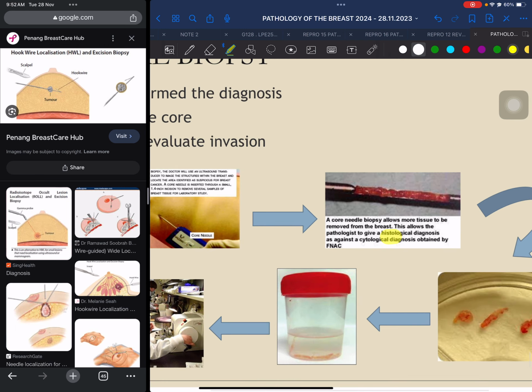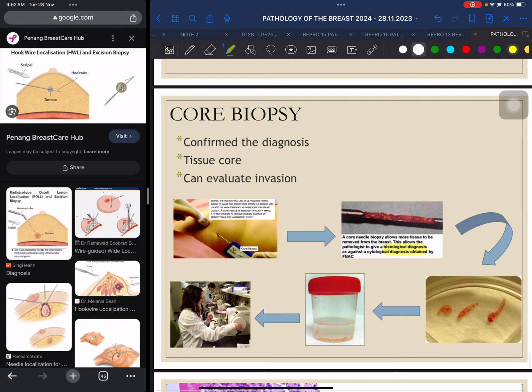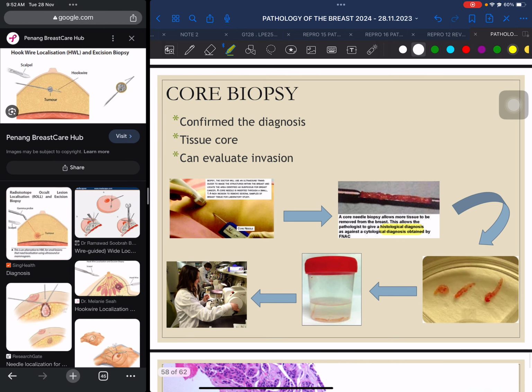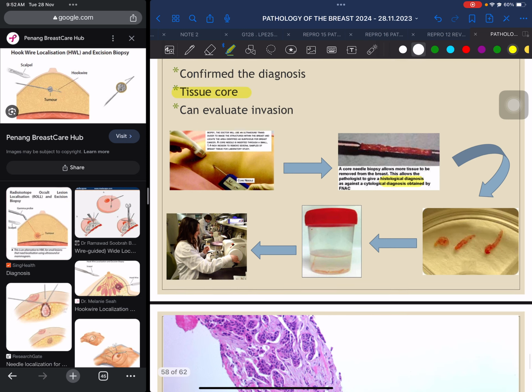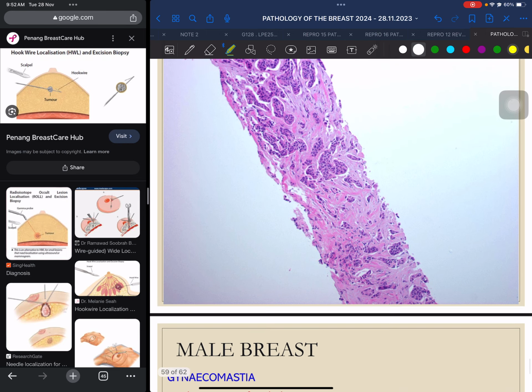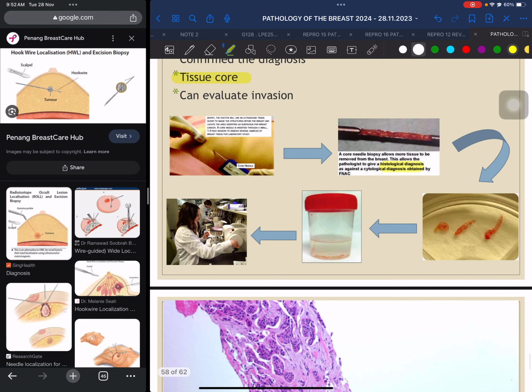On cytology, you cannot see the architecture, so it's difficult to differentiate between the in situ and the invasive lesion.